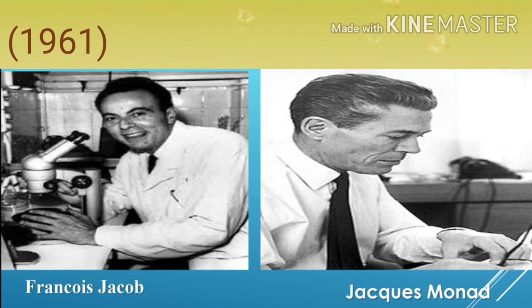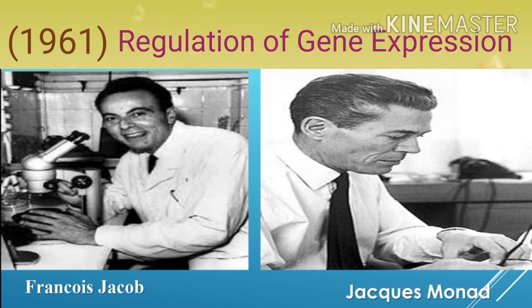In 1961, the French geneticists Francois Jacob and Jacques Monod proposed a model for the process of protein synthesis with the help of DNA in bacterial cells of E. coli. They proposed the concept of lac operon to explain the regulation of gene expression in that bacteria.